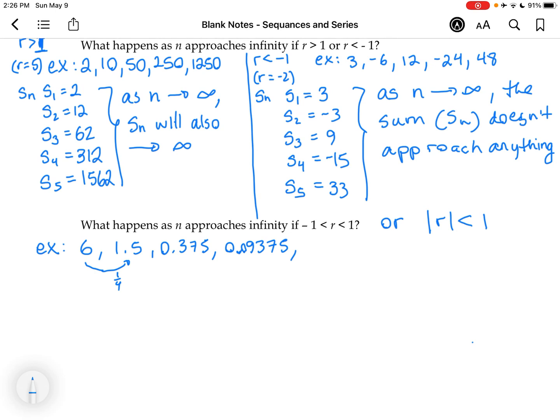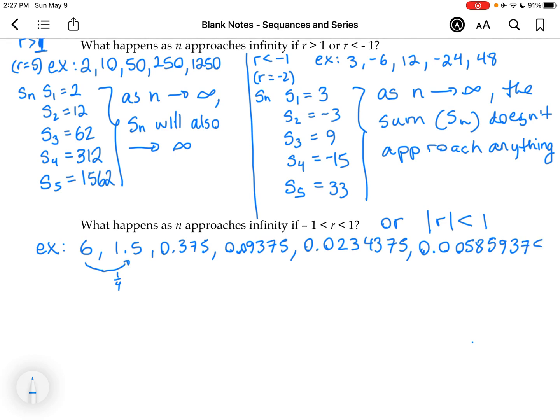I'm going to multiply that by a quarter and I get 0.0234375. And maybe I'll do one more, times 0.25. Okay, so I'm getting 0.005859375.